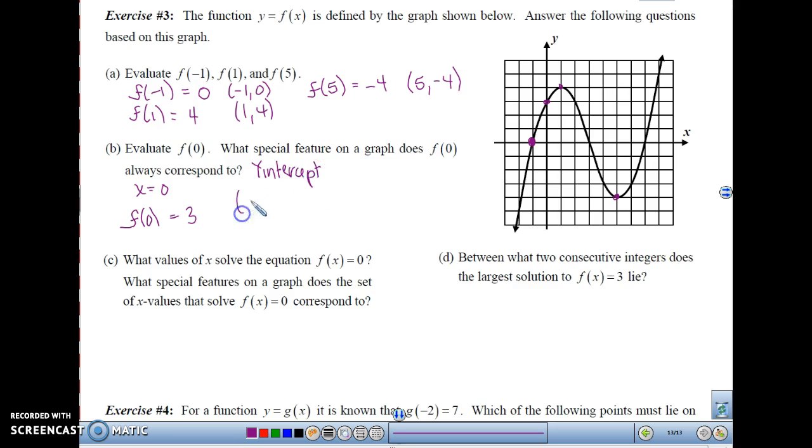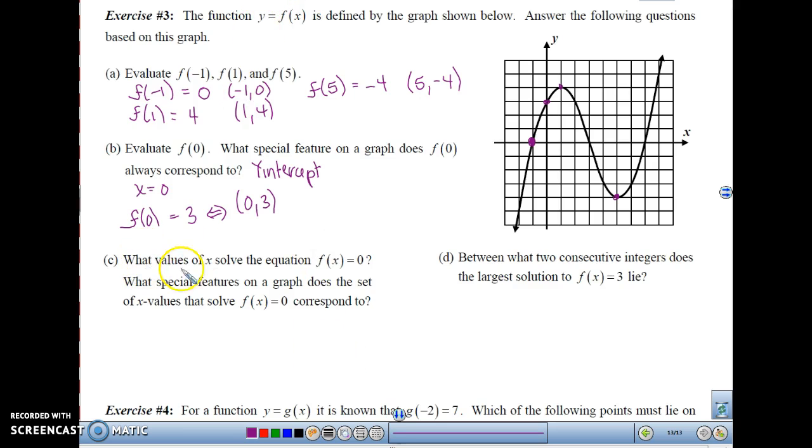So this is actually the point 0, 3. So these two are equivalent. They're saying the same thing. You just have to know what your input is, what your output is, or what your x value is and what your y value is. So the function in terms of x, f of x, when you plug in x, you get y.